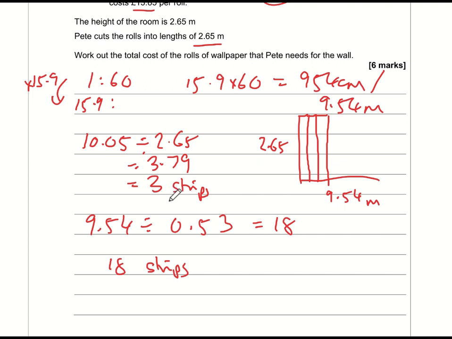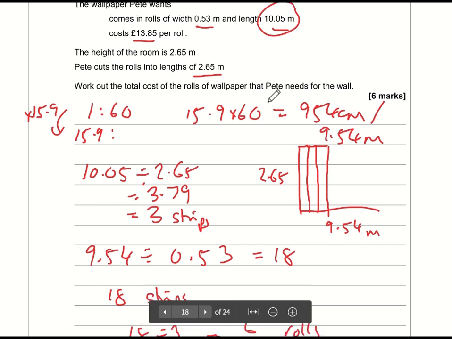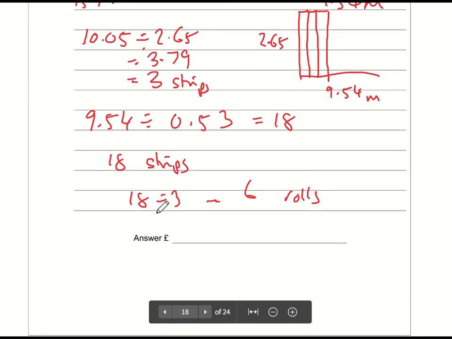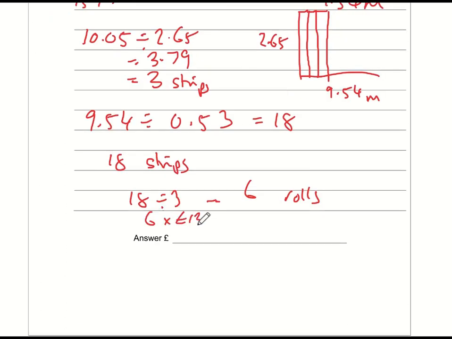We know there are 3 strips in a roll, so 18 divided by 3 is 6 rolls. And what is the cost per roll? It's £13.85, so 6 multiplied by £13.85 comes to a total of £83.10.